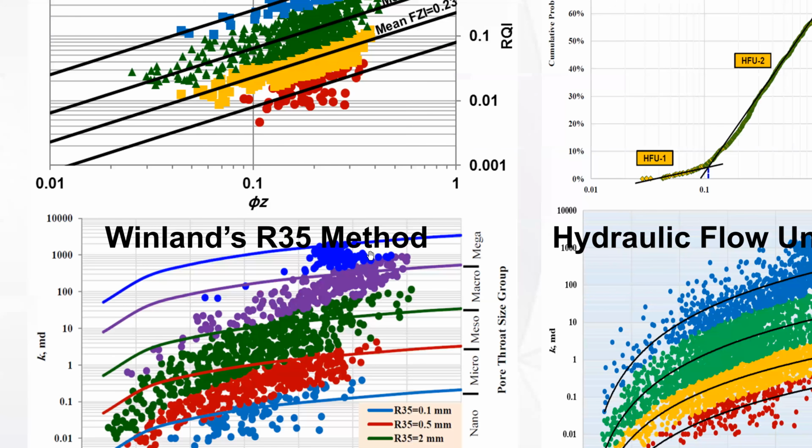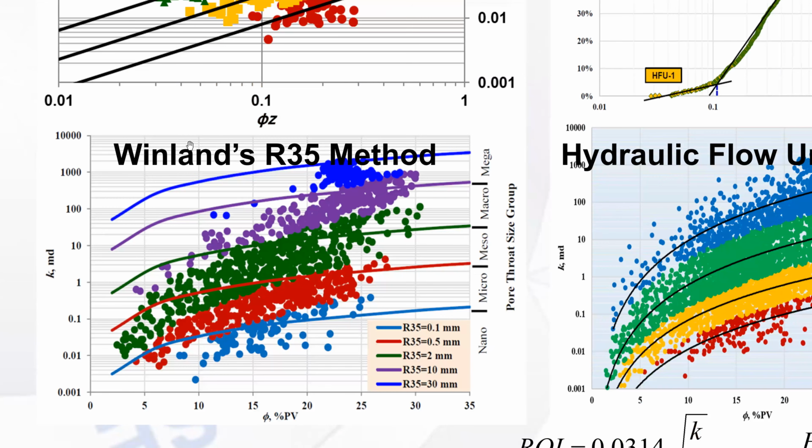Also, we have this widely used technique, which is the Winland R35 technique. It's a widely used technique to classify the reservoir units based on the size of the pore throat, from nano pore to maybe micro, meso, and macro pore, and so on. This is the dominant pore throat radius R35 at 35% mercury saturation.